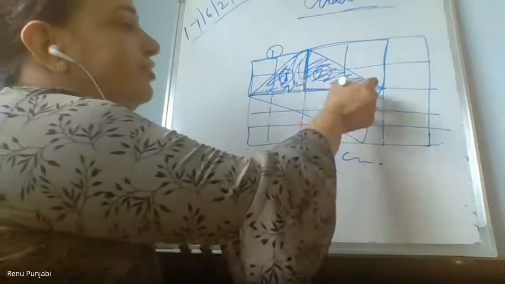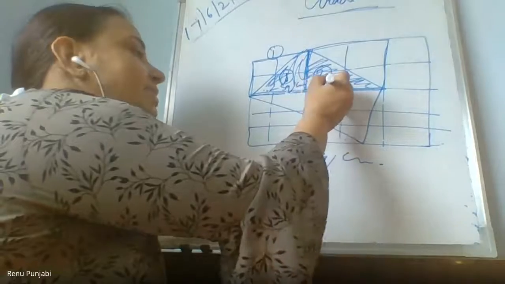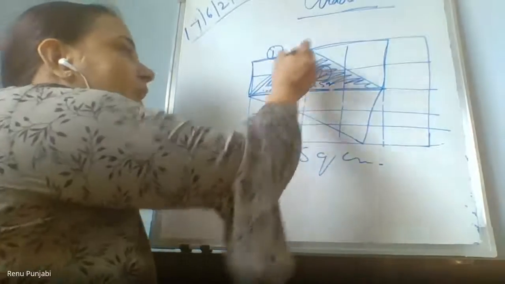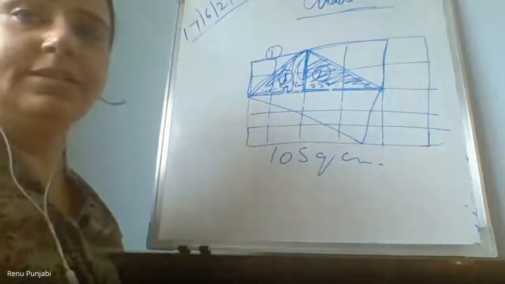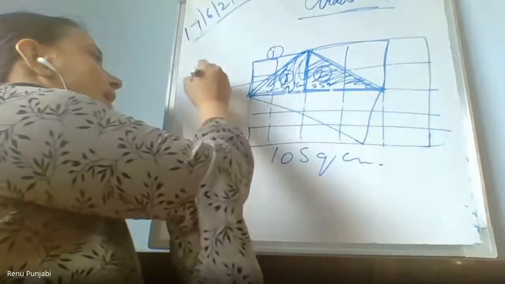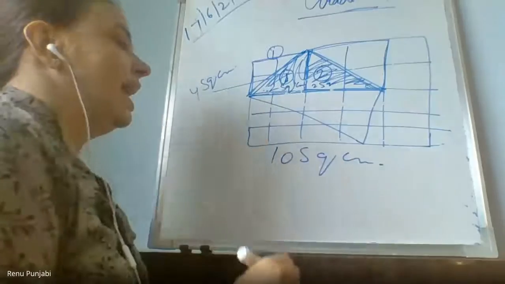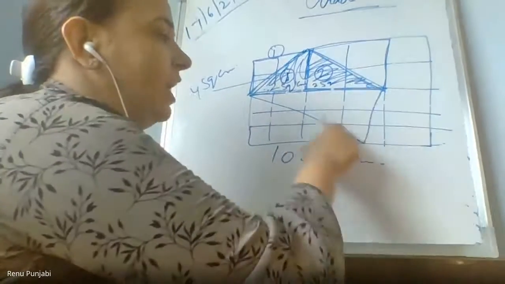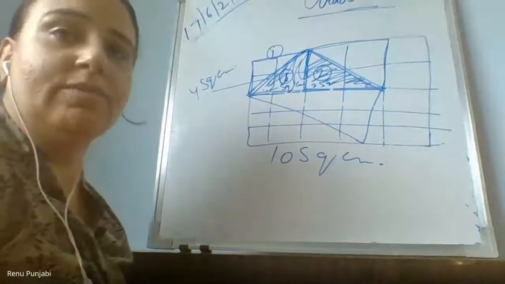And the area of this triangle will be 2 square centimeters. The total area of these triangles will be 4 square centimeters. And then we found the area of this other triangle, the yellow one.